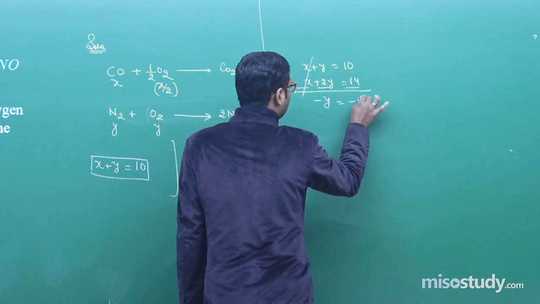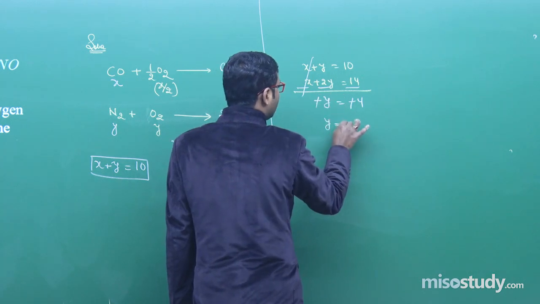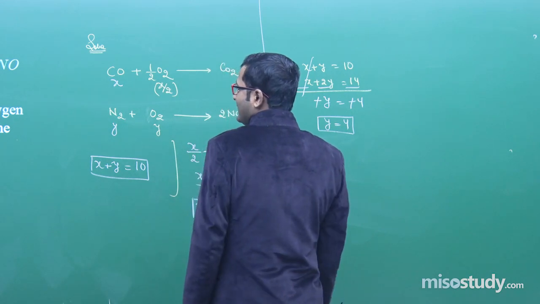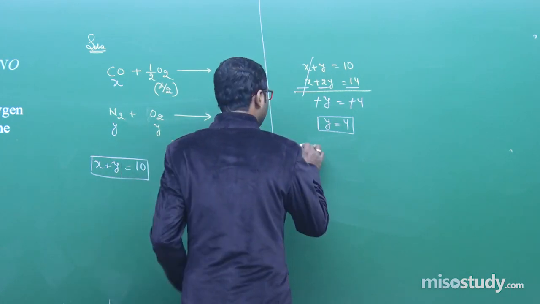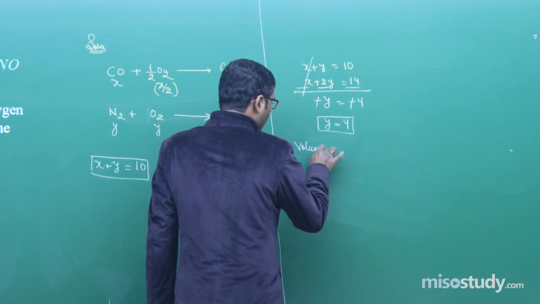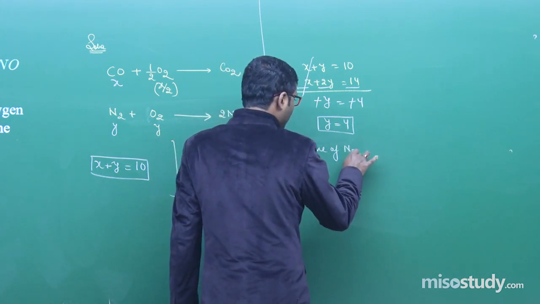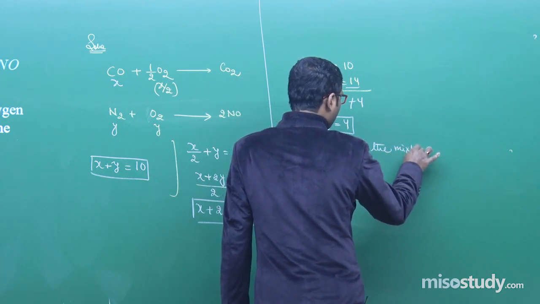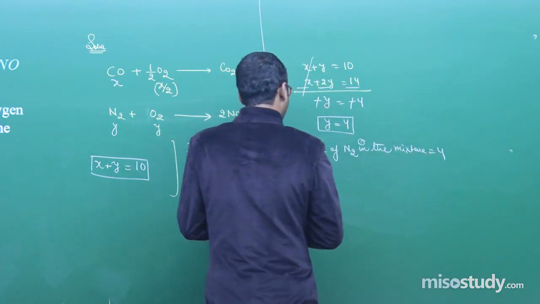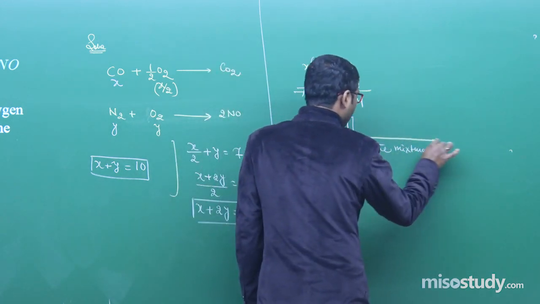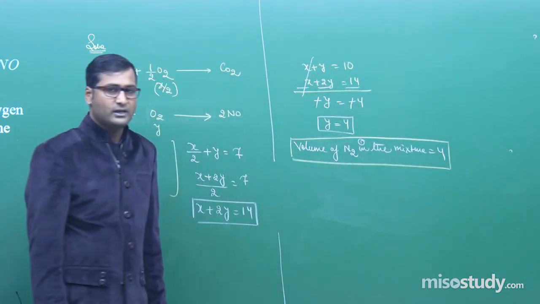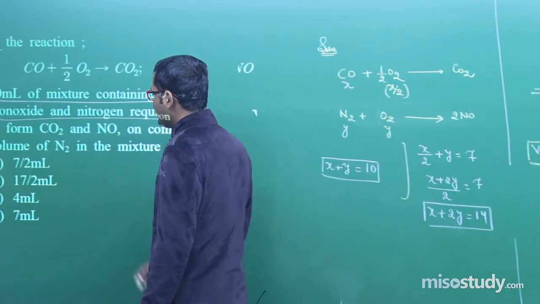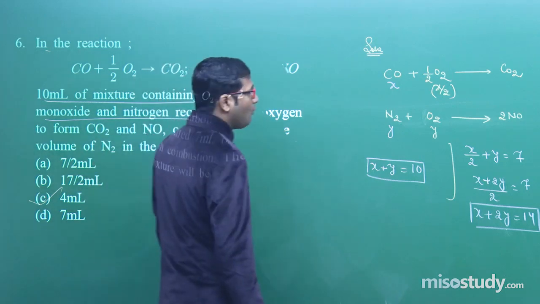Minus Y is equal to minus 4, so Y is equal to 4. So the volume of N2 in the mixture will be 4. The answer is 4 ml.